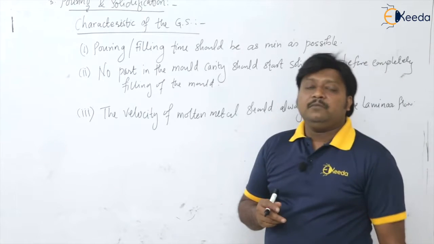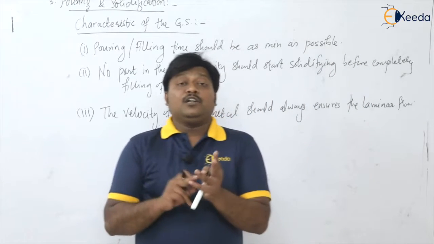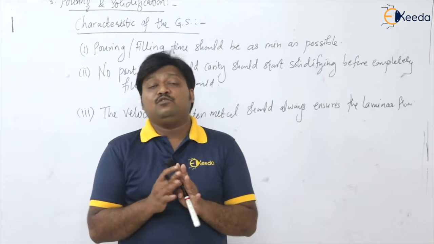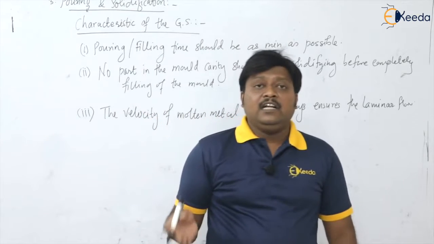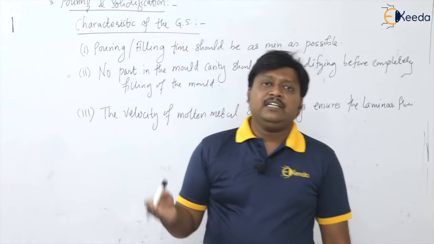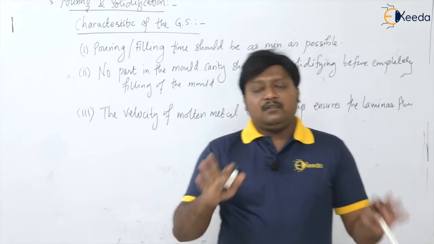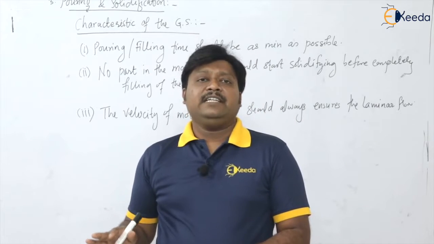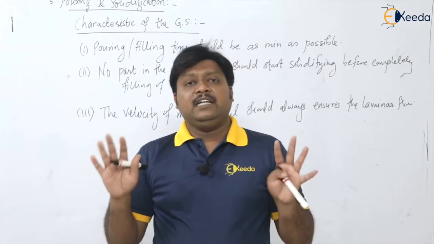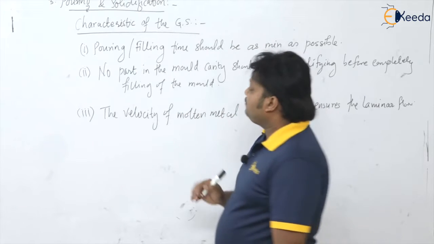The molten metal should flow into the mold cavity with laminar flow. Turbulence must be absent. If turbulence is there, there will be formation of slag and entrapment of air, which will lead to gaseous defects. So, very importantly, the material should flow into the mold cavity very slowly with laminar flow. Turbulence is not at all accepted.